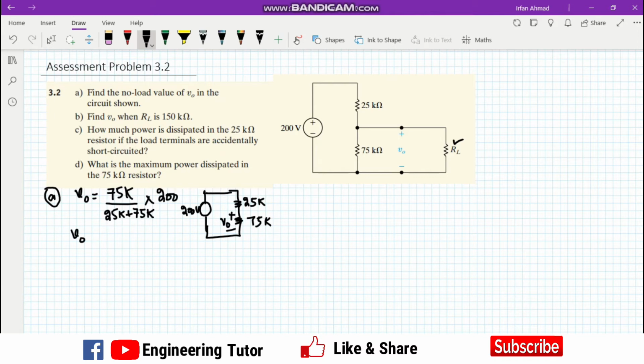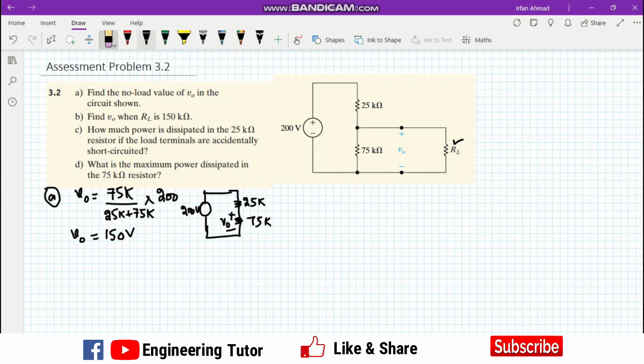So V naught here is basically 150 volts. This is the value of V naught when the load resistance is not available. This is the actual voltage without any dissipation.